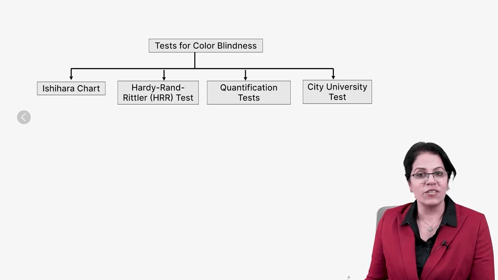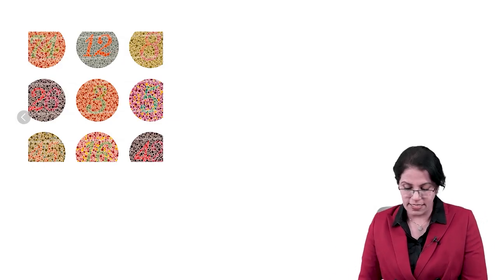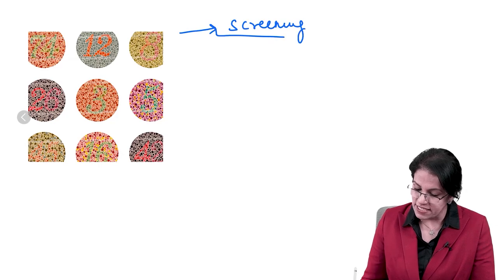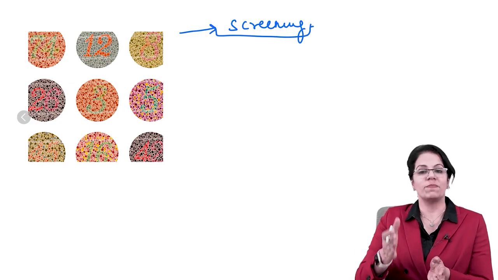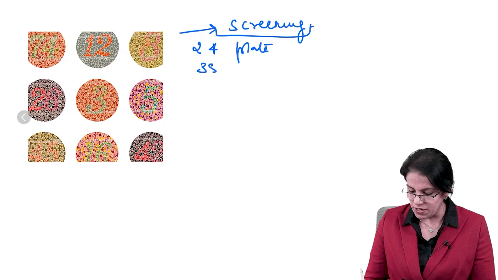When you talk about the tests of color blindness, one is the Ishihara chart. This is the Ishihara chart, and it is mainly used for screening purposes. In every eye OPD, you will see this book with different plates. It can be a 24 plates book, or a 38 plates book, whatever it is.